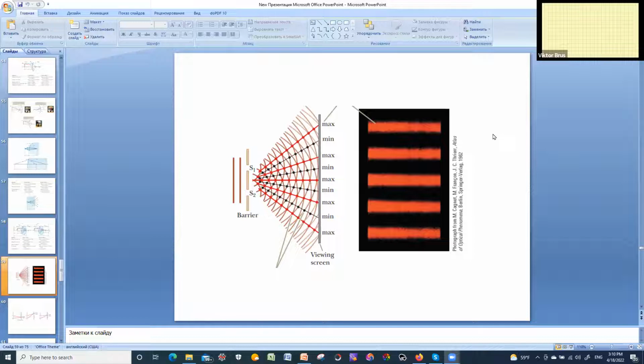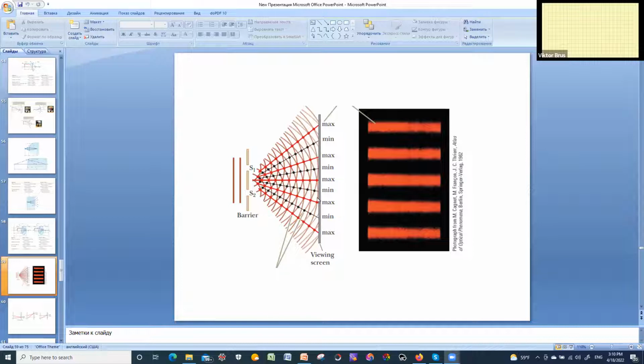It's the superposition of two or more waves, which, due to this superposition, create a certain pattern of waves, which we call the result of interference. For example, we can consider interference of light, like two-slit interference, which is actually shown here on the slide.